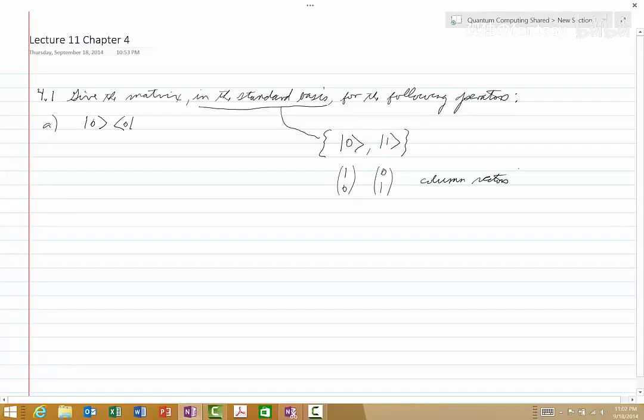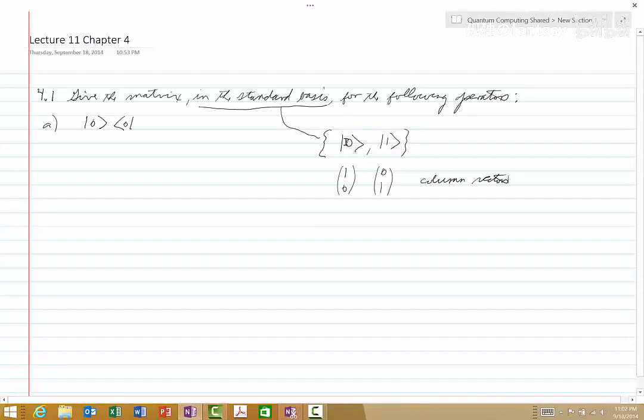So you can see clearly that it is important here to know the order of the states in the basis, because the first one will appear as 1, 0, the second one will correspond to the vector 0, 1, and so we want to understand in this basis which state is first and which state is second.